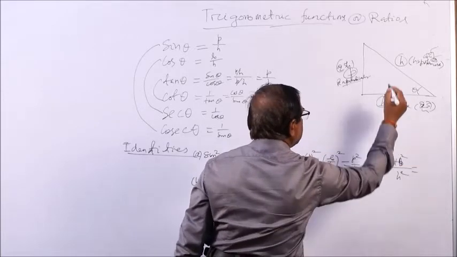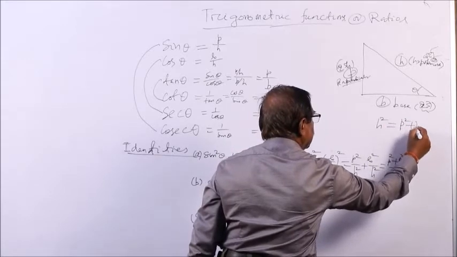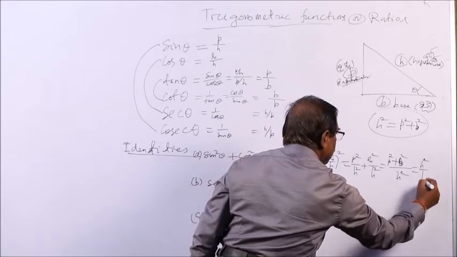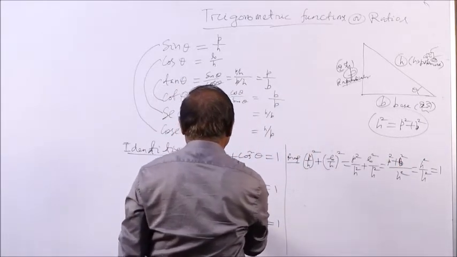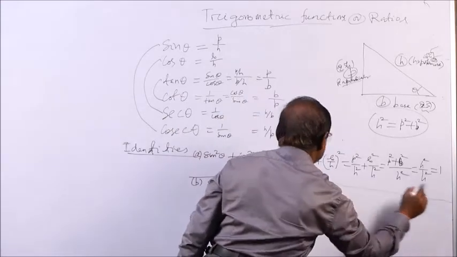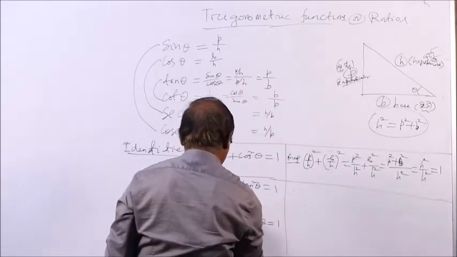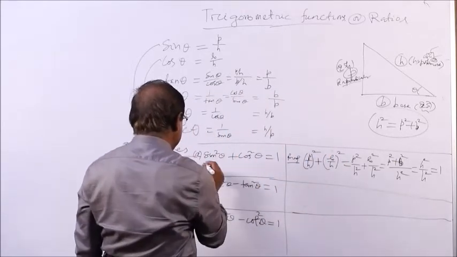Ultimately, H square is equal to P square plus B square. So this is H square by H square, which is 1.